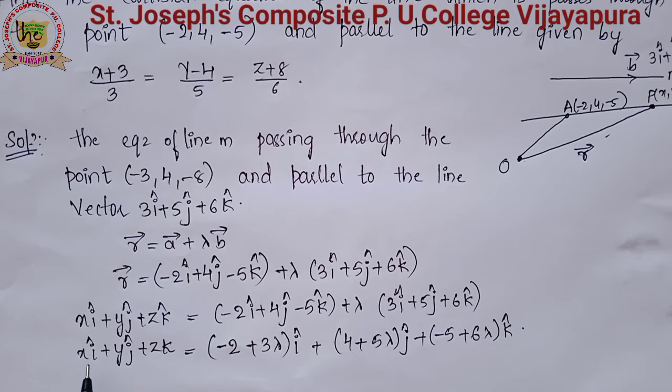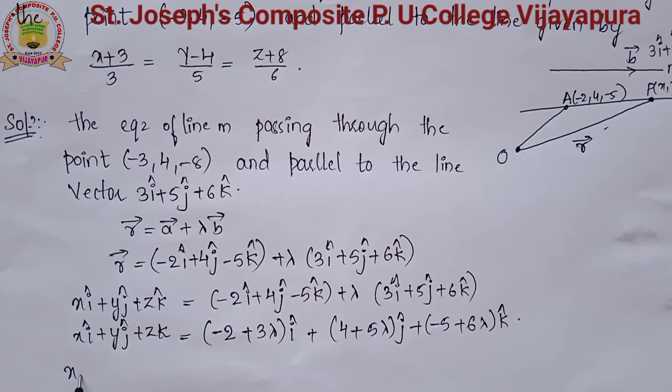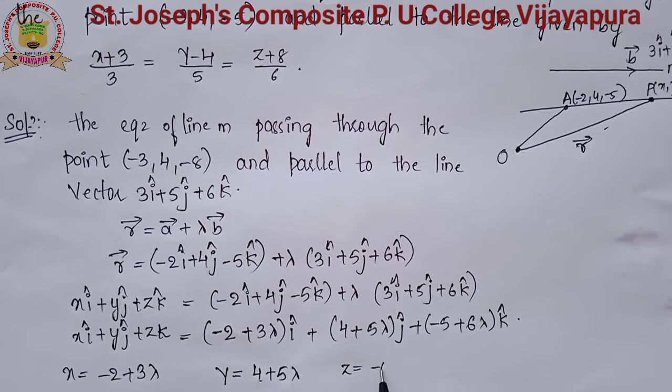Here, comparing the coefficients of i vector, j vector and k vector, we get x is equal to minus 2 plus 3 lambda, y is equal to 4 plus 5 lambda and z is equal to minus 5 plus 6 lambda. This is the parametric equation.